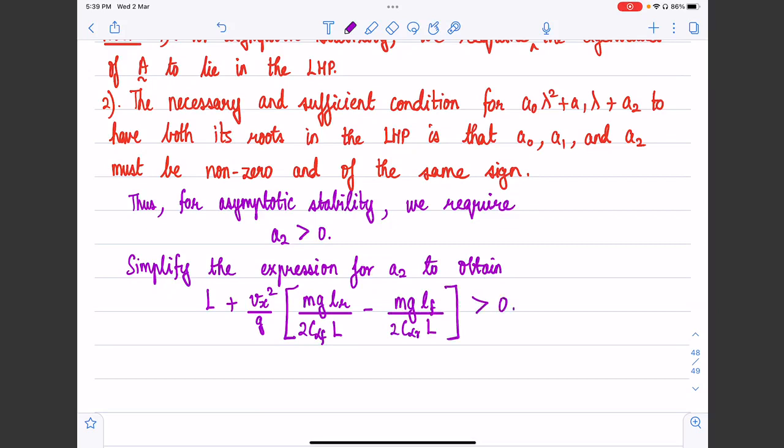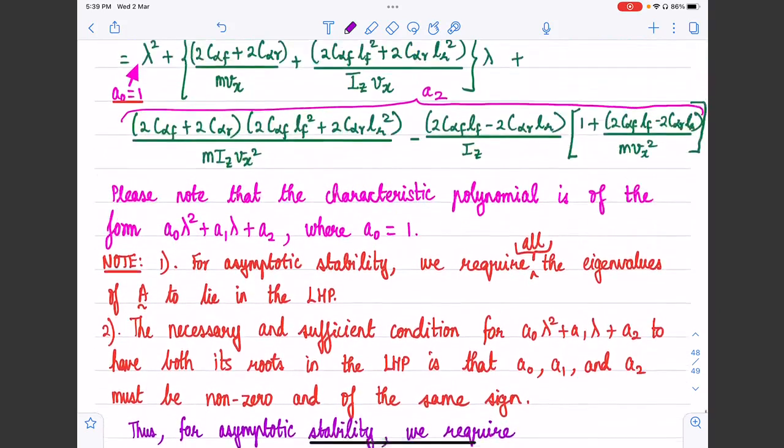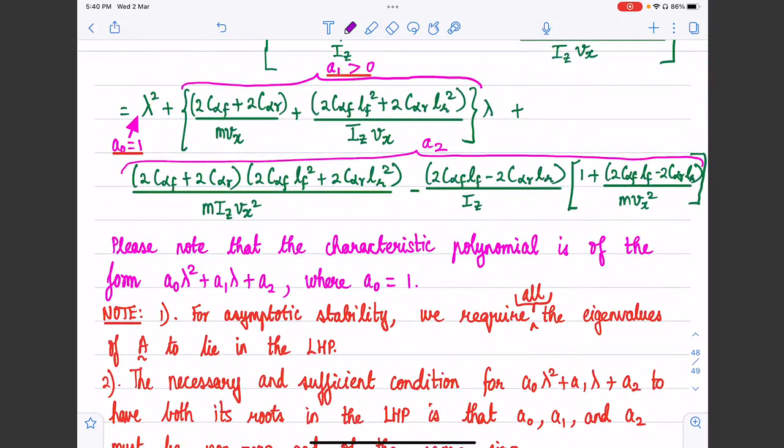So one can simplify this condition. Please do that as an exercise. I hope it's clear what I'm asking you to do. Just to recap, we have this characteristic polynomial associated with the linear bicycle model to be of the form a0 lambda squared plus a1 lambda plus a2.